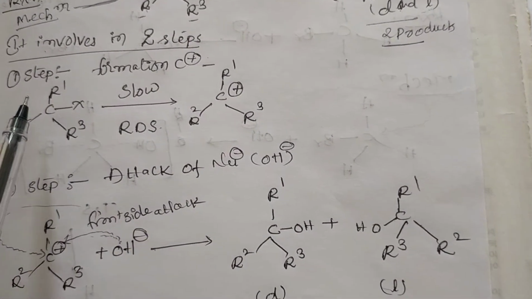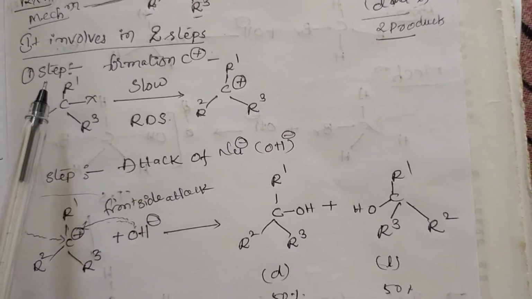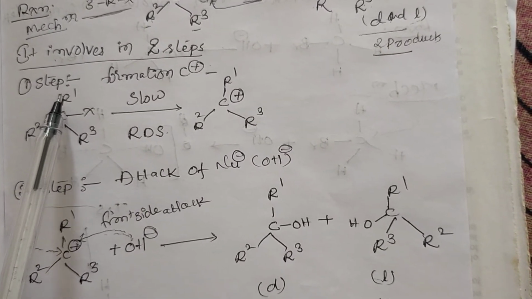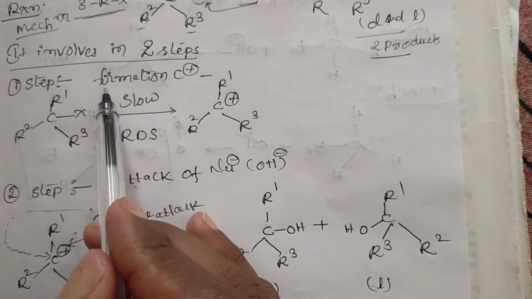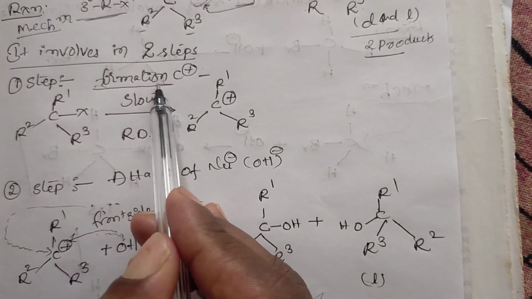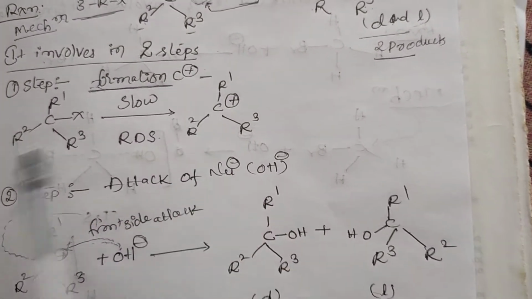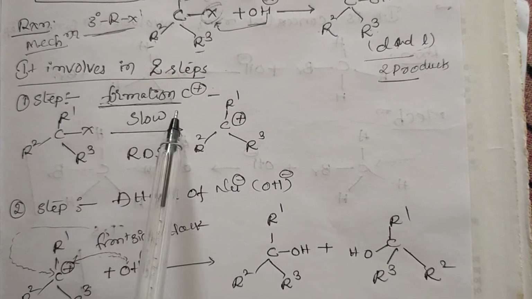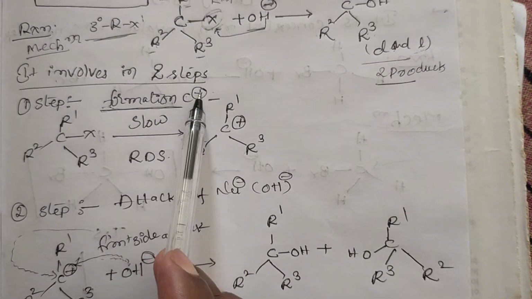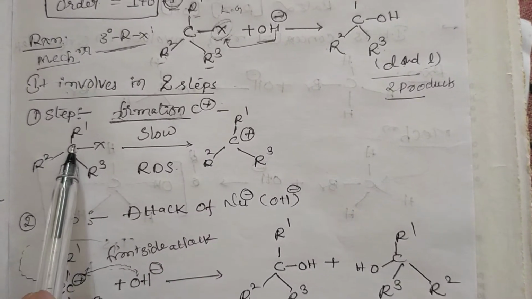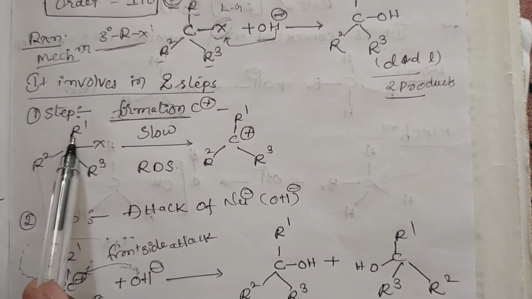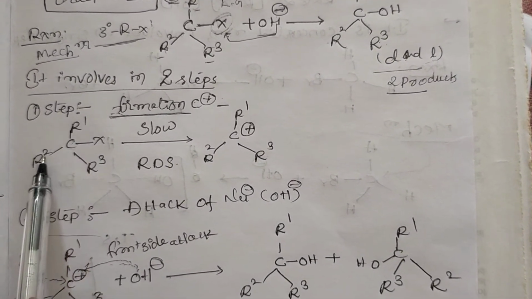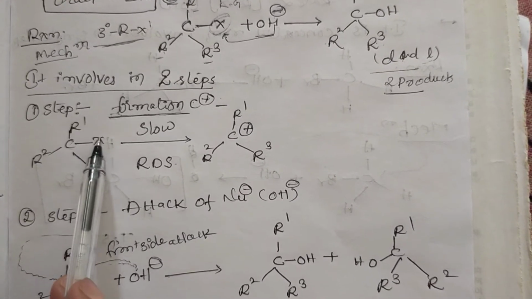In step 1, it undergoes dissociation to form a carbocation. In the first step, it will undergo ionization to form a carbocation. Take tertiary alkyl halide C, R1, R2, R3, X.